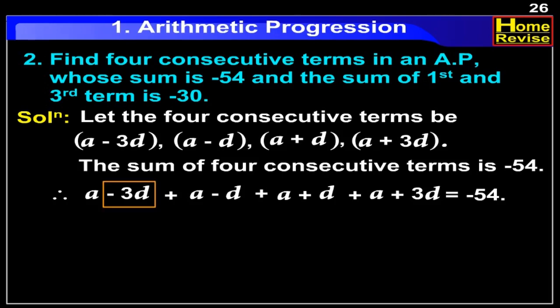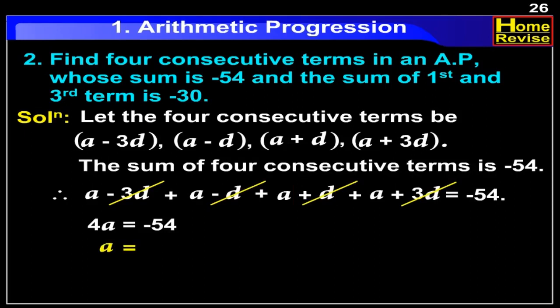Here, minus 3d and plus 3d get cancelled out. Similarly, minus d and plus d get cancelled out. Therefore, we have 4a is equal to minus 54. Therefore, a is equal to minus 54 divided by 4. Therefore, a is equal to minus 13.5.